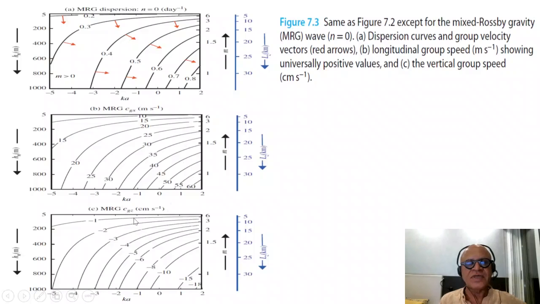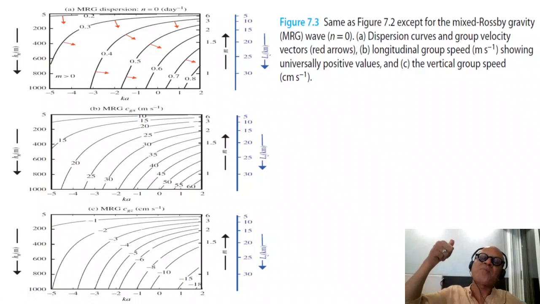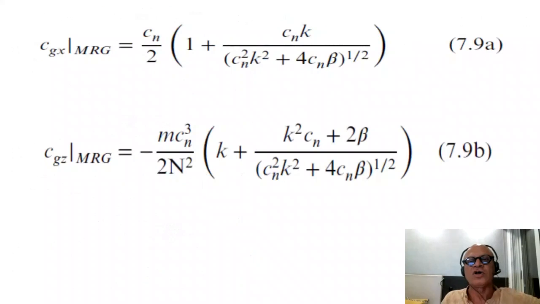And CG has similar behavior, but obviously it's downward propagating group velocity because we have vertically upward propagating waves. So upward propagating waves, energy going downward; downward propagating waves, energy going upward. Somehow you have to get used to it and think intuitively about it. This matters a lot when we begin to look at the real physics of these things.